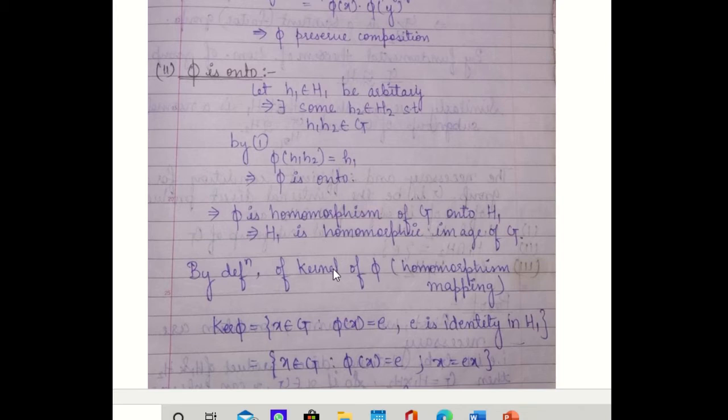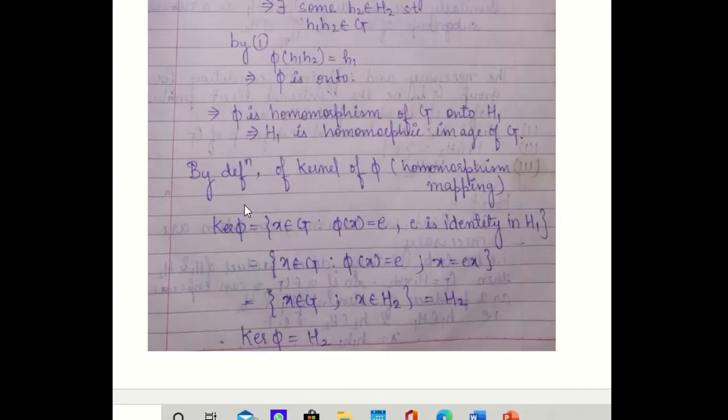Now, by definition of kernel of a homomorphism, kernel is the set of all those elements of the domain of a homomorphism mapping which are mapped onto the identity element of the range. So first of all, we are going to define the kernel of this mapping, that is phi. So kernel of phi is what?